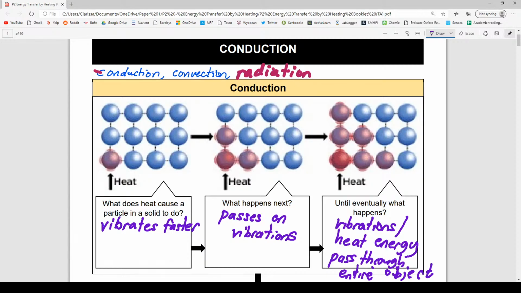So that's basically what happens. The heat energy will pass through the entire object just from the vibrations being passed on, until everyone increases their vibrations and therefore increases the amount of energy they have, and we see that as heat.